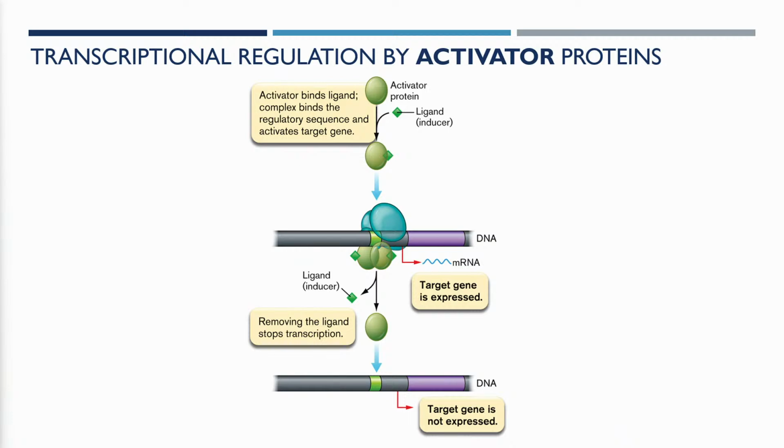So there's really one scenario. The activator protein binds the ligand inducer, and it activates transcription, but then when the ligand comes off, that weakly bound activator protein also dissociates, and then transcription stops. Make sense?